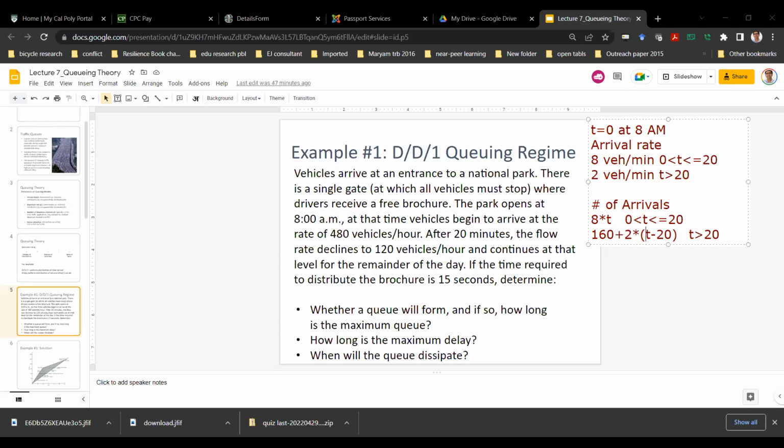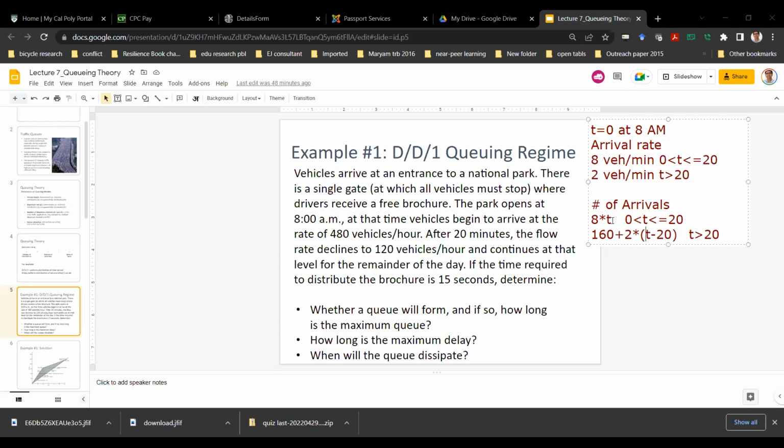Now it's not that arrival equations will always be the ones that change. It could be that departure equations change as well, but this is what the equations are going to be. Why 160? Because we are trying to write the total number of arrivals as a function of time. When we go any time more than 20, let's say t equal to 21 or 22 or 25, we have to account for the total arrivals that happened before, when the arrival rate was 8 times t.